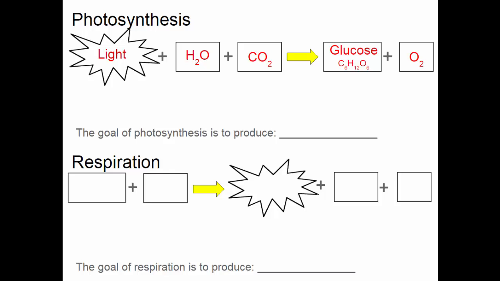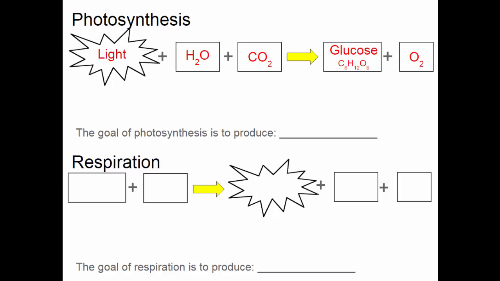We have 6 carbons. This is a molecular model of glucose. The black spheres represent carbons, the white represents hydrogens, the red, oxygens. So glucose has 6 carbons, 12 hydrogens, and 6 oxygens.